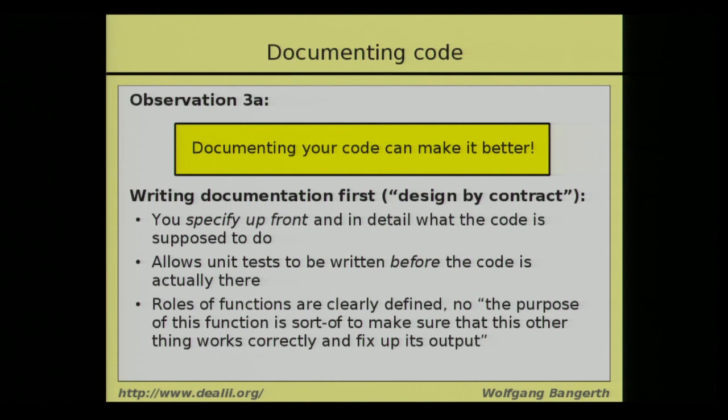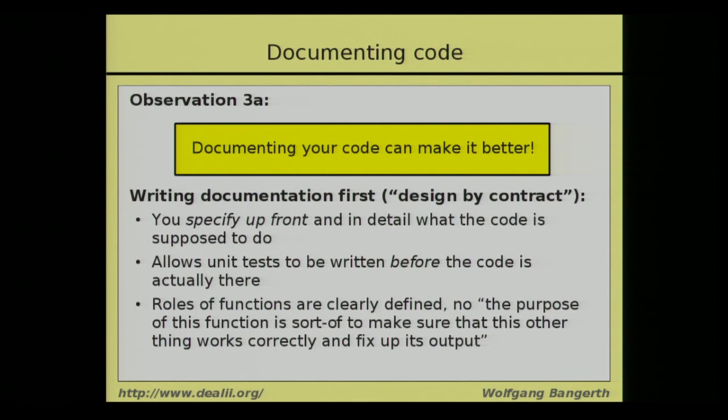There are a number of corollaries to this last observation that it must be a part of the process. Namely, documenting code can make it better. And there are 2 different approaches to this, from a philosophical or approach level. Namely, you can ask the question, should I write the documentation first, or should I first write the code? If I take this first approach, where I write the documentation first, this is often called design by contract.